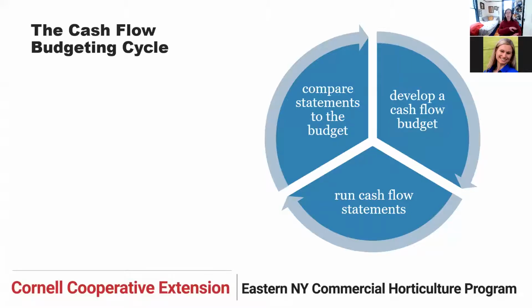This budget helps you plan for your season by anticipating when cash will come in and go out, so that you always have enough cash on hand to pay your bills. During the season, you will then run cash flow statements to see how you're performing against your budget. If you find you're under your budget or over your budget, you can make adjustments, and that will inform your next year's budget. You'll have a better budget.